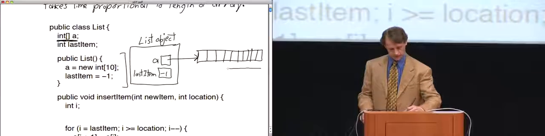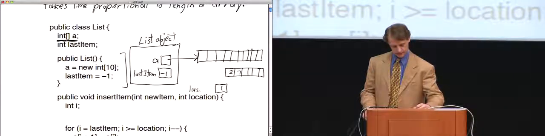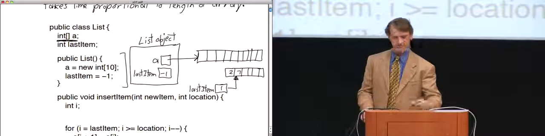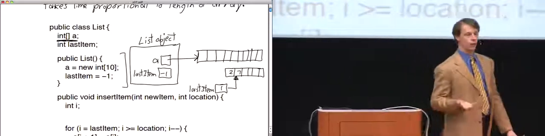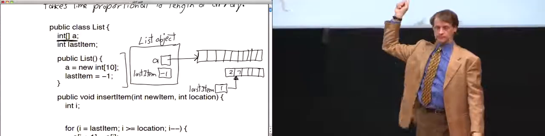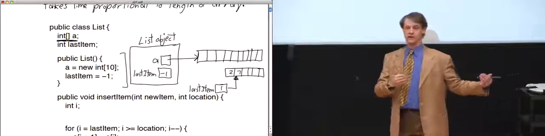And so later on, the way you'll store a list of 2 items, for instance, is that you'll set last item to 1, and that's going to mean that the last array index that actually holds a useful item is array index 1. And all the array indices after index 1 don't store anything yet.